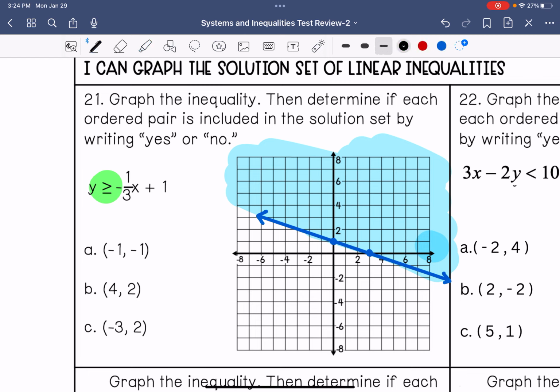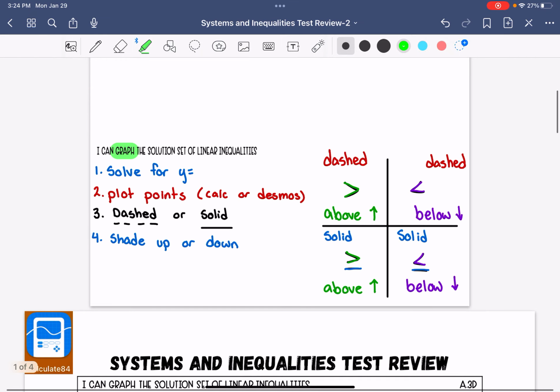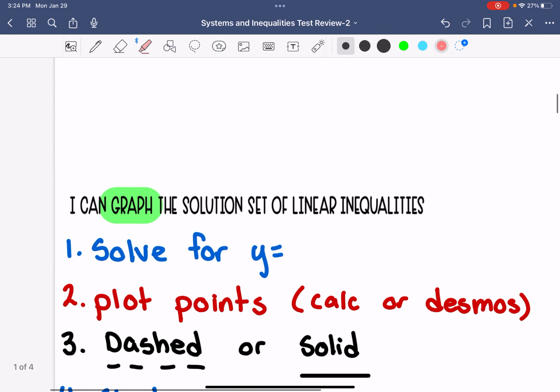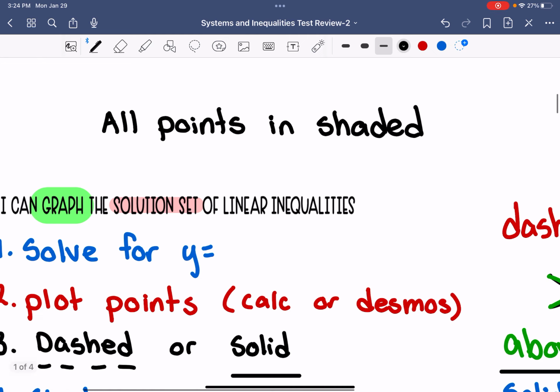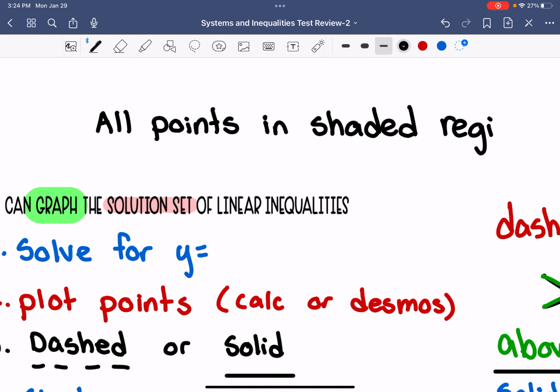Okay, and there's one part left to our problem. It's determine if each ordered pair is in the solution set. Okay, this word solution set. I'm going to give you a definition for solution set. Solution set. This is all points in the shaded region of a graph or on a solid line.